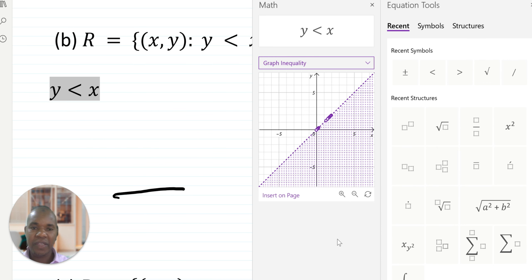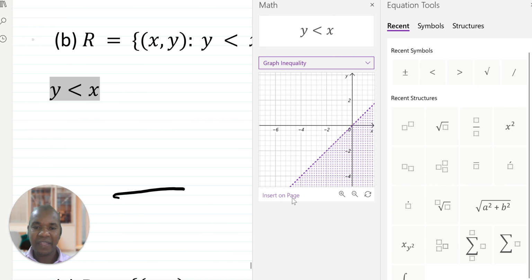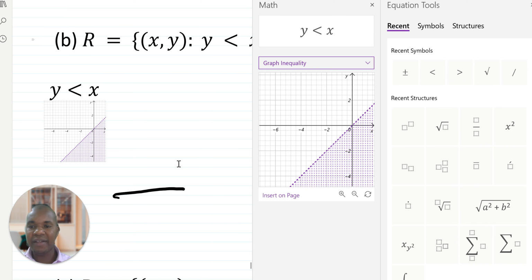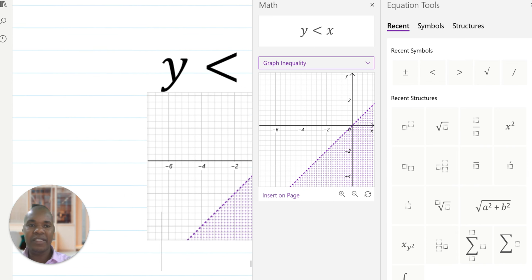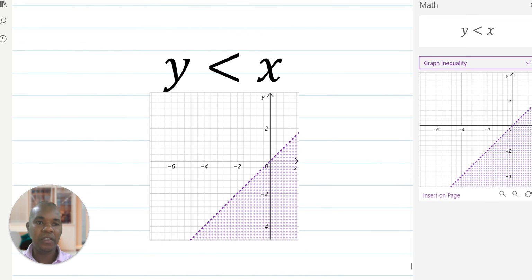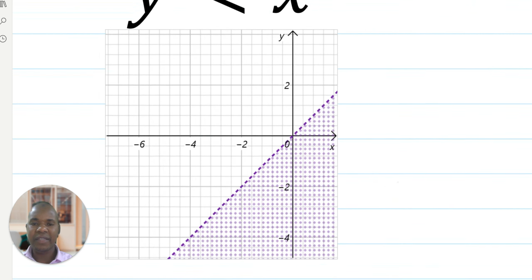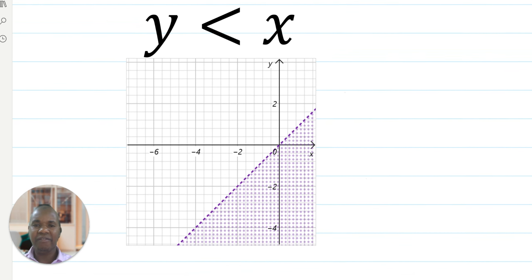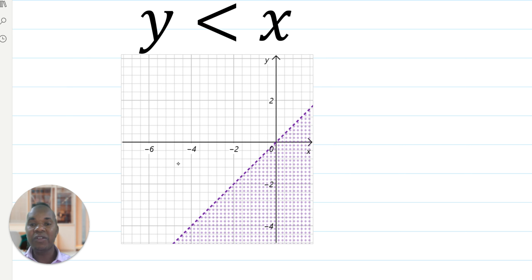You can see easily that we have a dotted line. This is our graph, dear students, and we have again a dotted line with the shaded region being below the line.